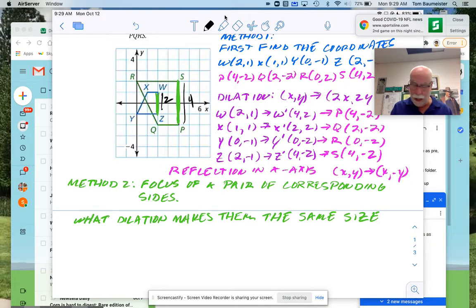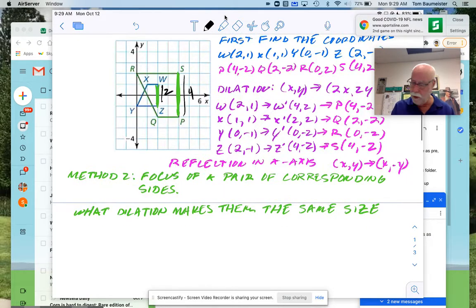So there was a dilation on this one here. So our dilation, again, was 2. So again, we went from xy maps to 2x, 2y. So we did use that one.